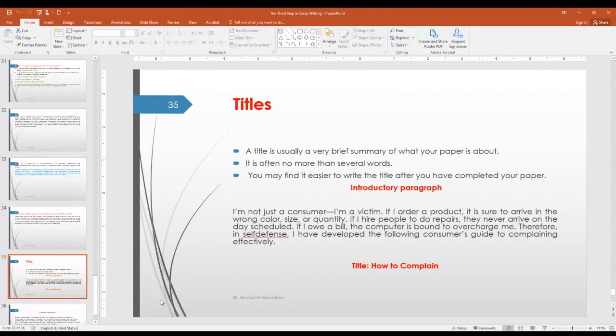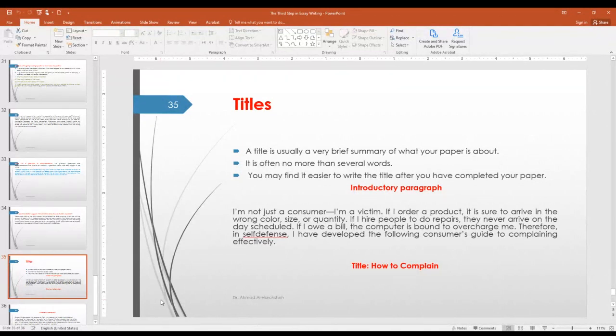Now, then you should write the introductory paragraph. You should use a hook plus connecting information plus your thesis statement. Now, after that, you should write the body of your essay. You have 3 main paragraphs.